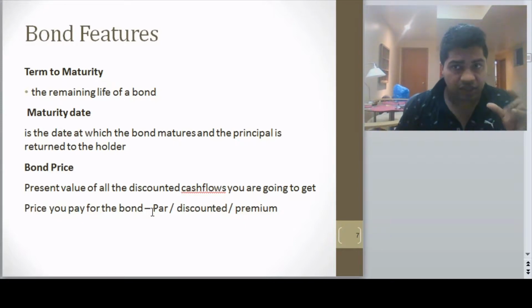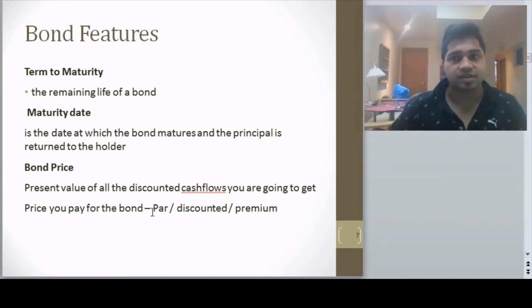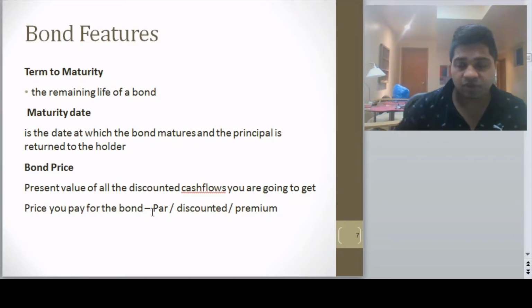So the bond price today, the price that you pay today, is the present value of those coupons and the present value of the principal.